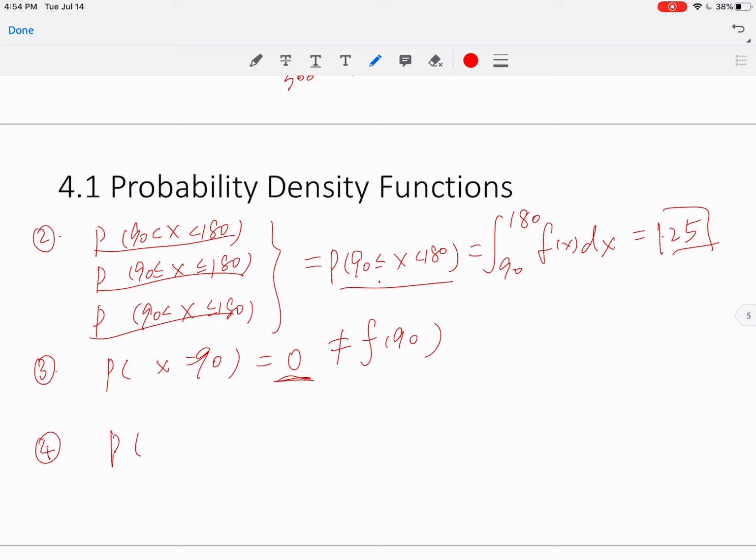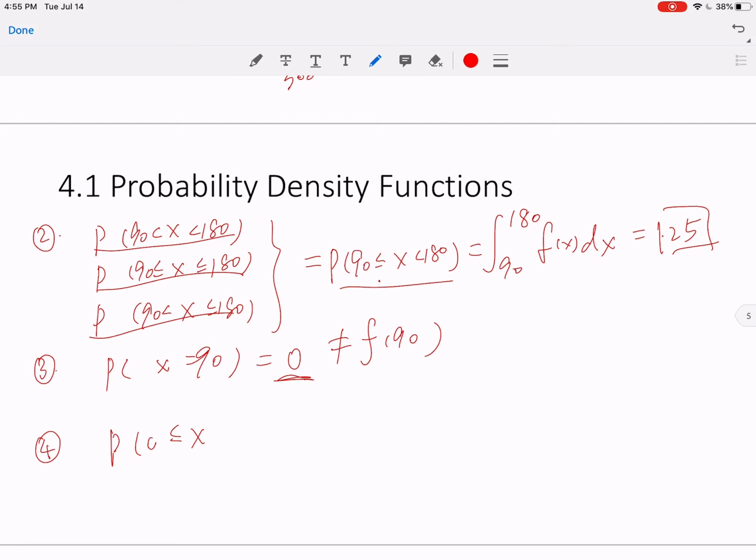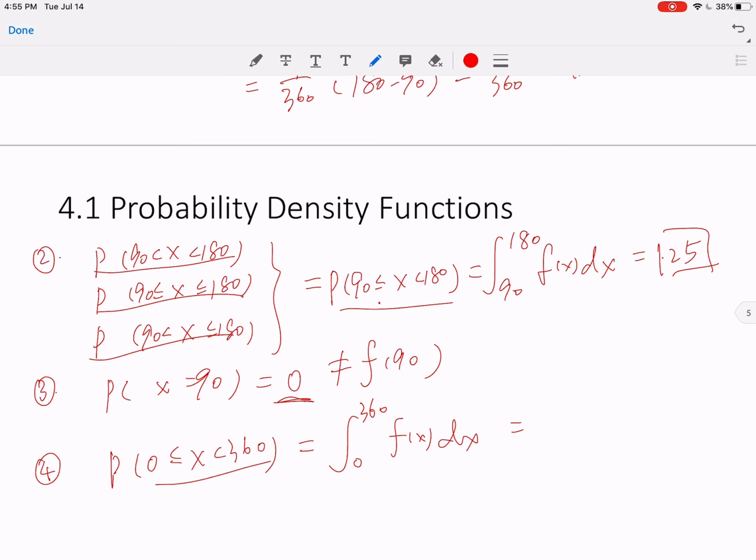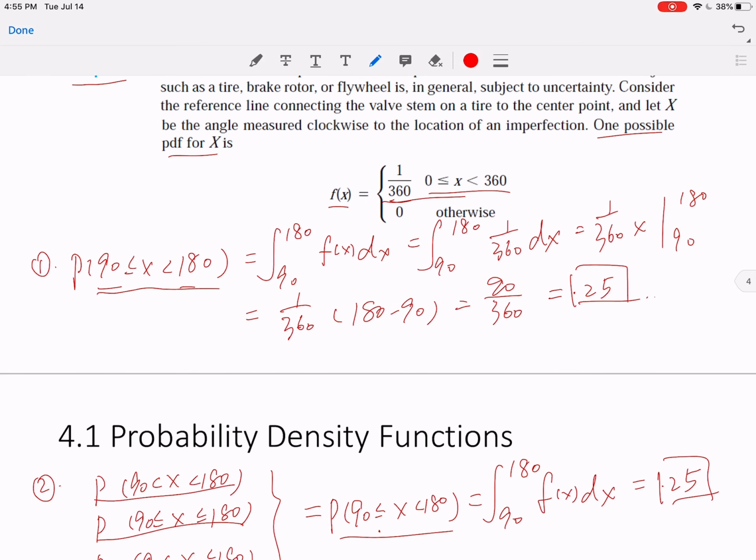What is the probability that x is greater than or equal to 0, less than 360? Actually, if you want to do the calculation, you just go back to the definition, just integrate the f of x over 0 to 360. But since this is kind of special, because this interval 0 to 360 covers all the possible values of x, which means we're looking for the sum of all probabilities of this random variable.